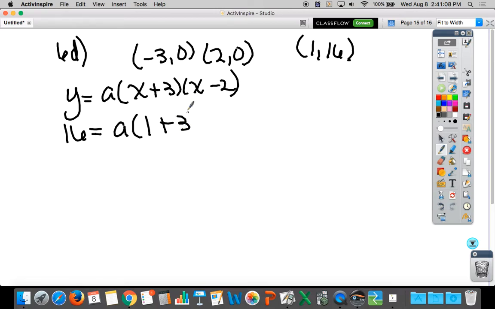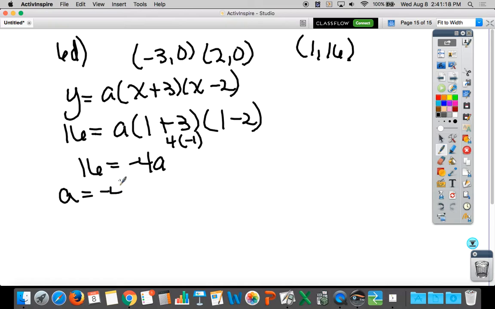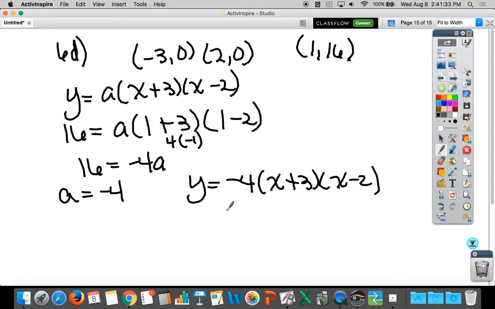My x's are 1. So that's 4, that's negative 1. So 16 equals negative 4a. So a is negative 4. Okay? So y equals negative 4 times x plus 3, x minus 2.